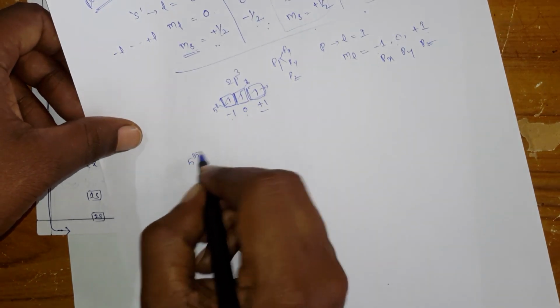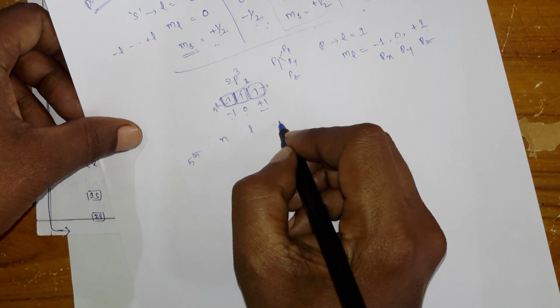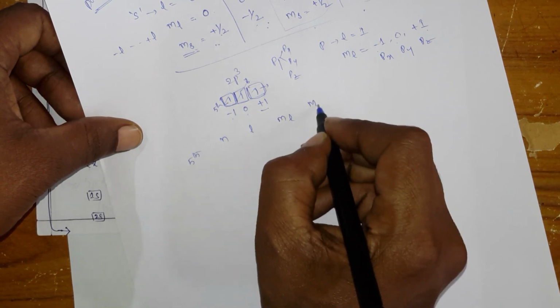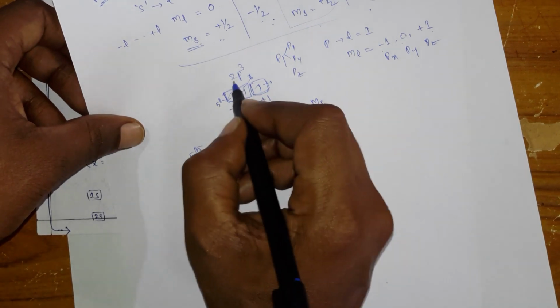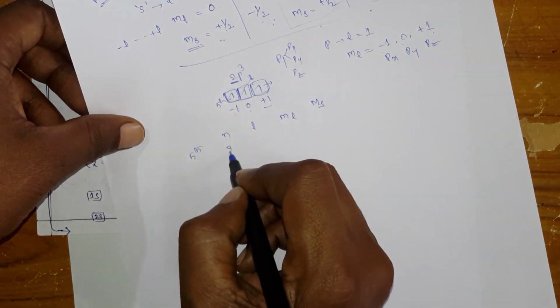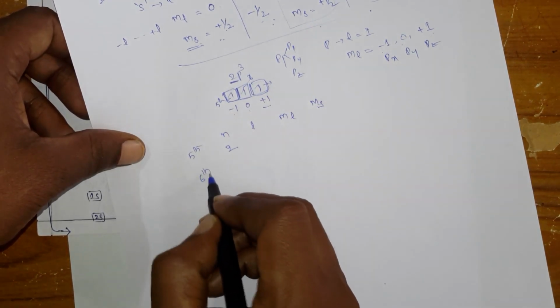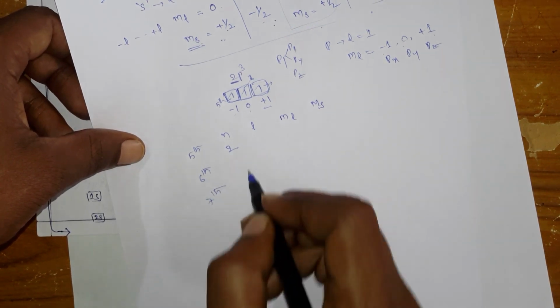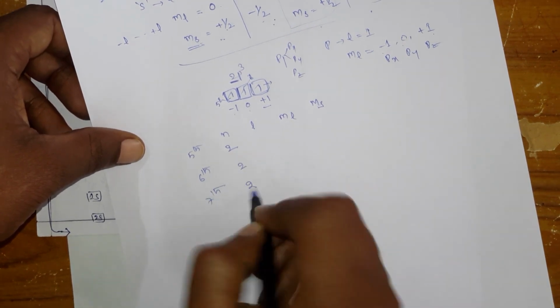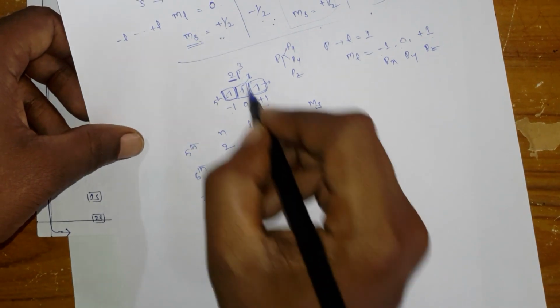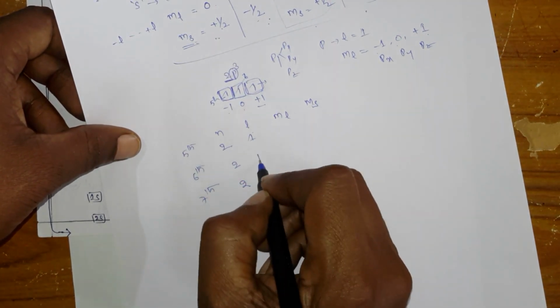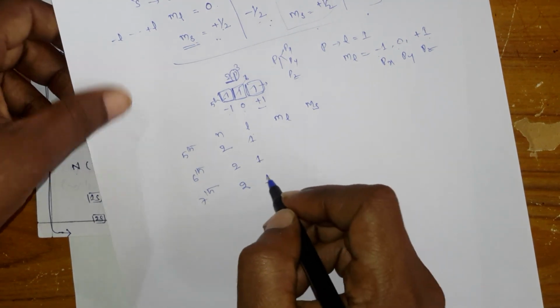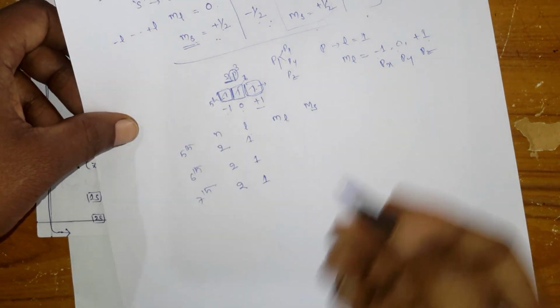So for the 5th electron, the n value, l value, ml value and ms value. Look here, the n value, already it is 2p3, so the n value is 2. Even for the 6th electron and the 7th electron, the n value is 2 only. And the l value, it is present in the p subshell, so it is 1, 1 and 1, because all are in the p orbital. Okay.